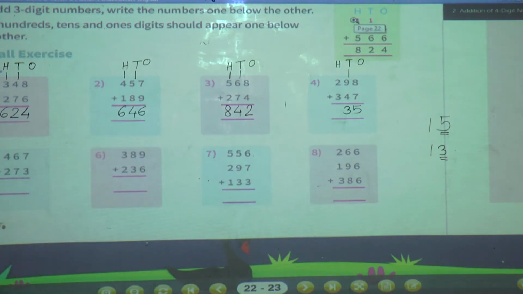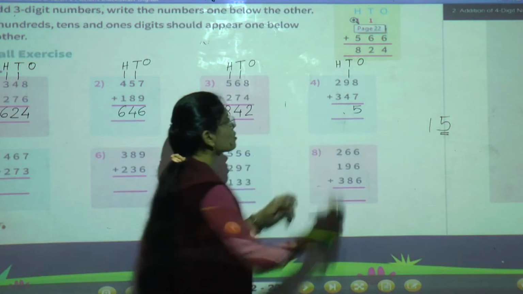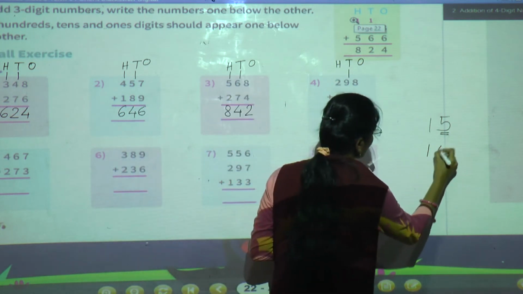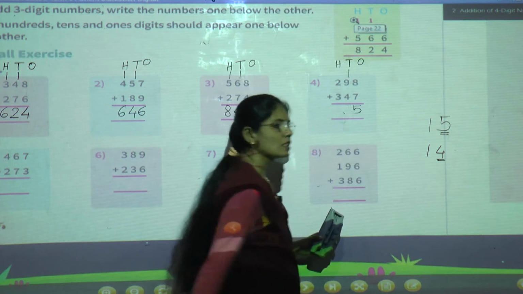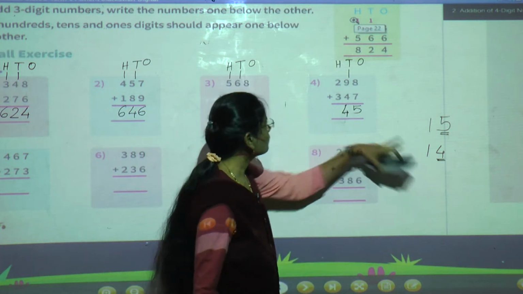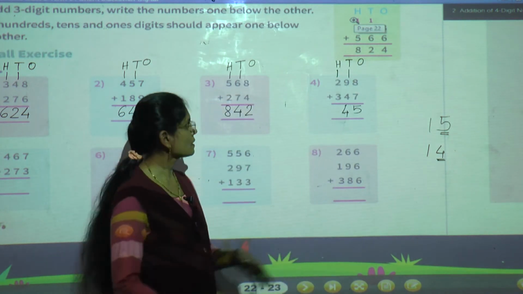But see students, 9 plus 4, 13 is there, but we have to add this carry also. Okay. So 13 plus 1, 14. So if 14 is there, this 4 we should write here. And this 1 we will give as a carry to the hundreds place.